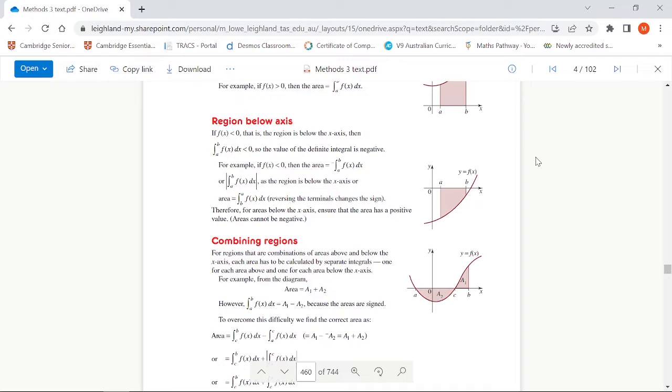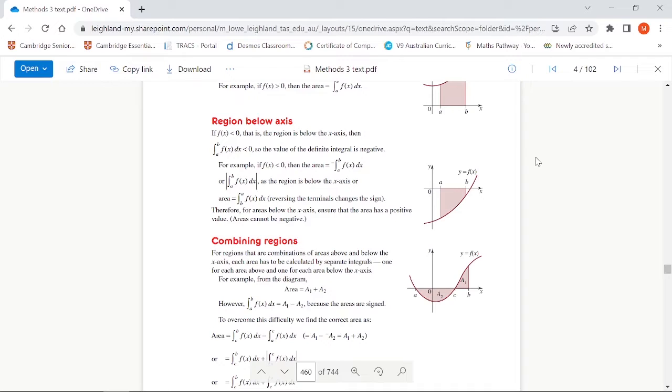So what happens then if we've got a curve that crosses the x-axis and we're looking to find the area that's bounded by the curve and the x-axis, and we can see that we're wanting to find the area between a and b, and it's crossing here.